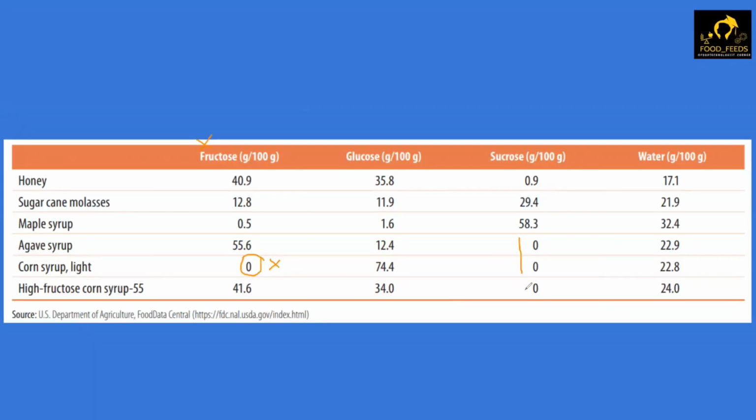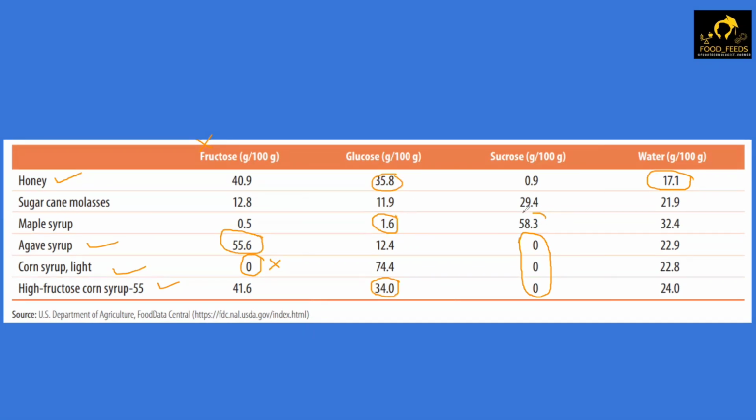And here if you see, there is no sucrose present in case of agave syrup, corn syrup and high fructose corn syrup. The least water content is present in honey, which is definitely understandable, because this is one of the reasons also why honey is not spoiled for years.